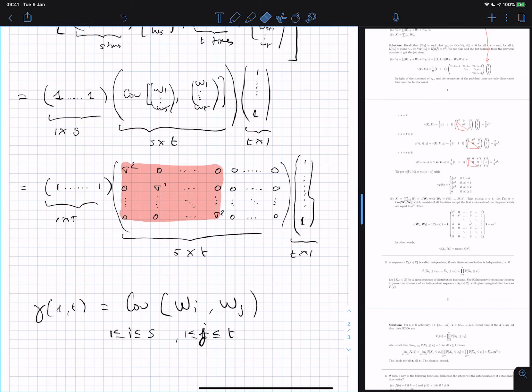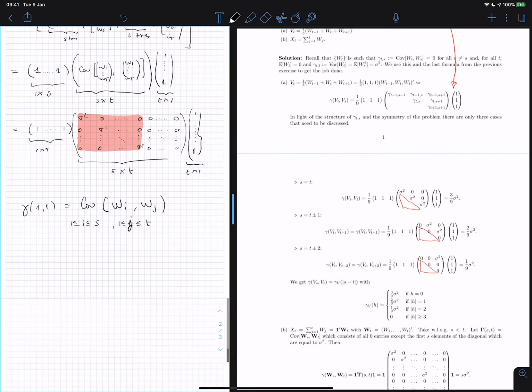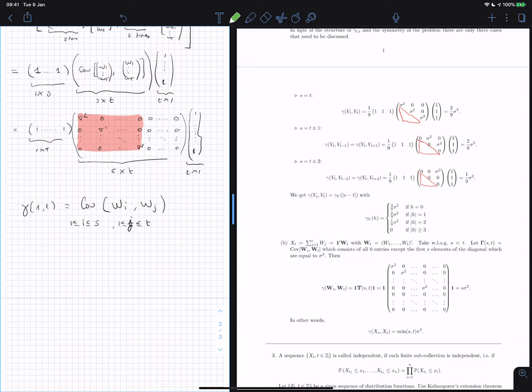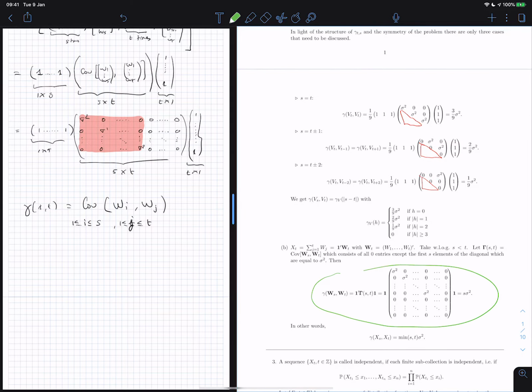So I think there's a mistake in my correction. Because what I did here was, in fact, the other way around. It's when s is larger than t. So I have to correct this. You all get that? Yes. Okay.